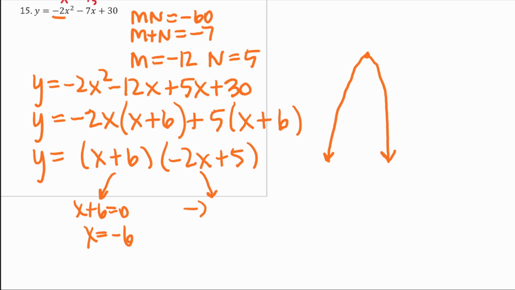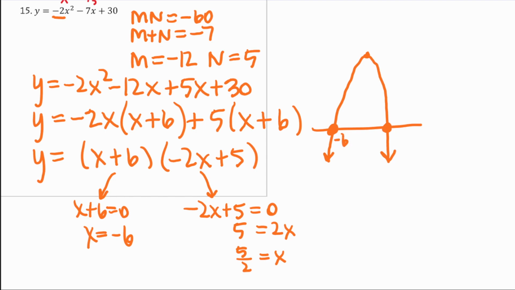Or where negative 2x plus 5 equals 0. Maybe I'll add 2x to this one and divide by 2, and I'd get a second x-intercept. So put them here: x equals negative 6 and x equals 5 divided by 2.